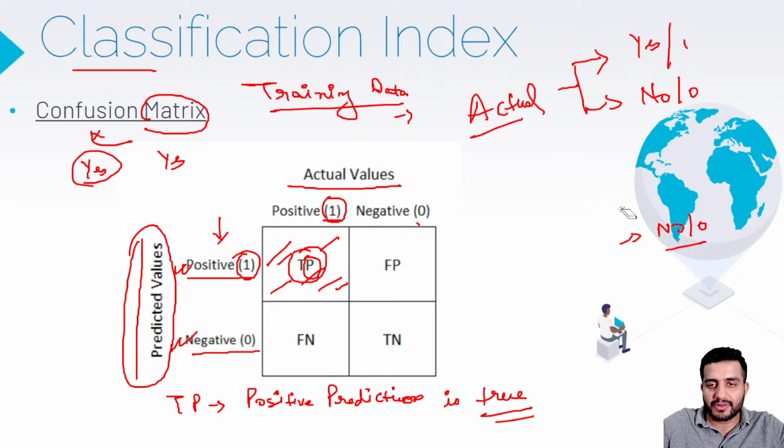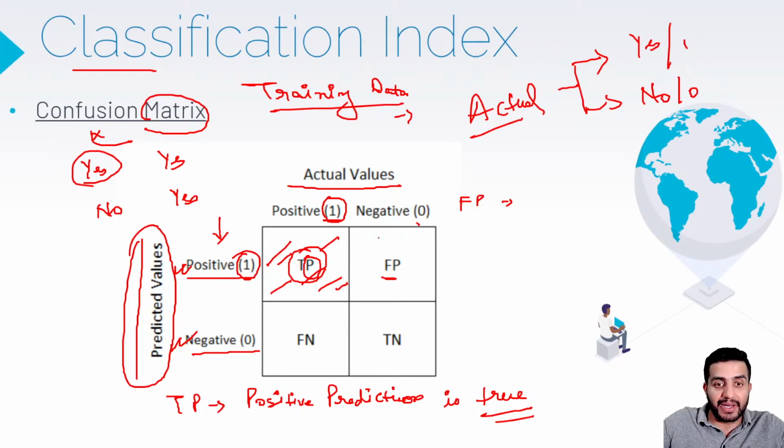I'm gonna remove this. Second, now we're gonna say that this part is FP, false positive. I predicted 1, so I predicted this guy as positive. So my prediction is yes, but originally this guy was no. I predicted that this guy has a disease, but this positive prediction is wrong.